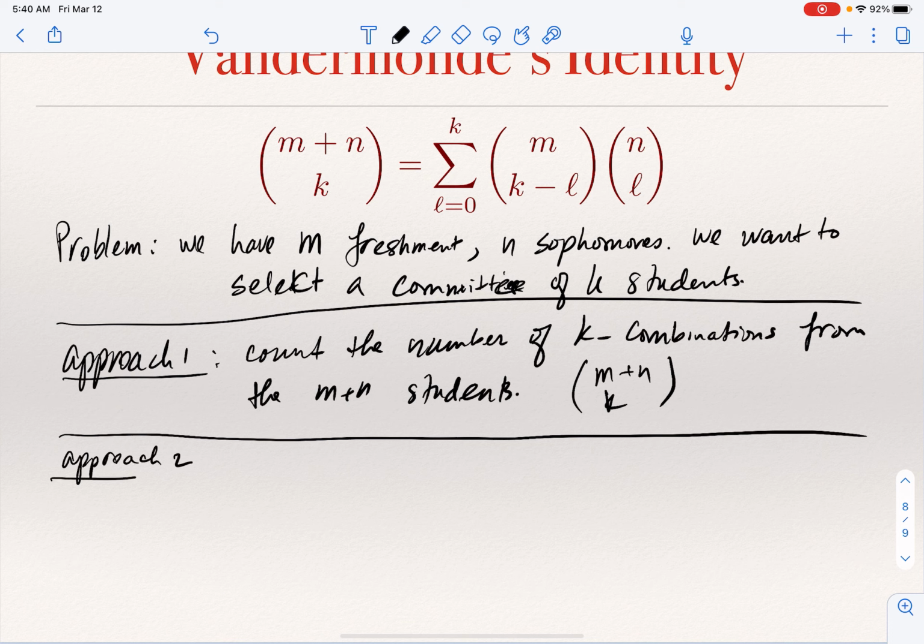Approach 2 is saying that the number of committees, you can look at it as the number of committees that have, for example, 0 freshmen. And if I take 0 freshmen, then I have to take k minus 0 sophomores, right?